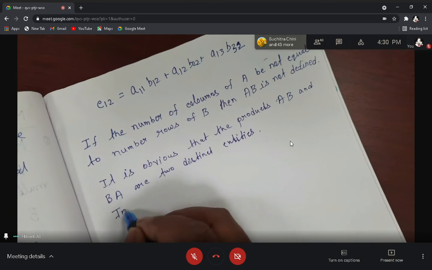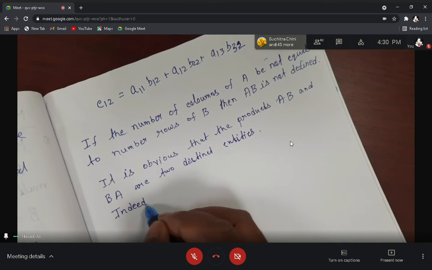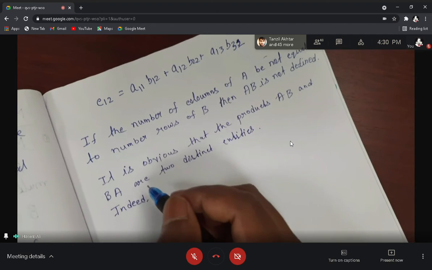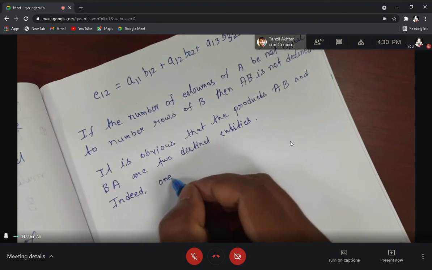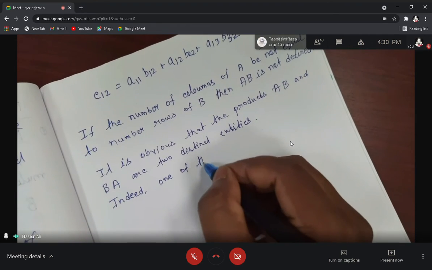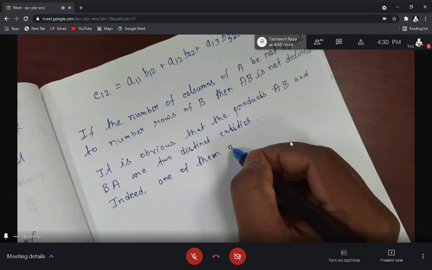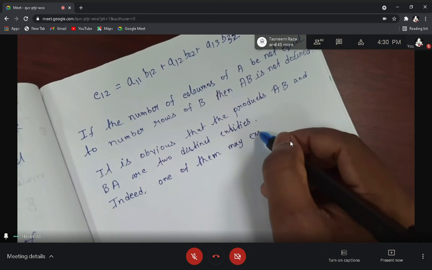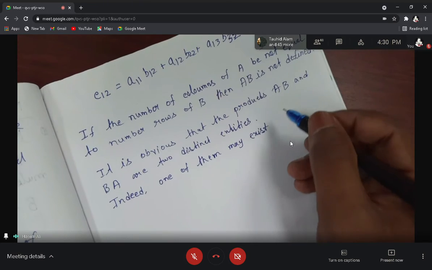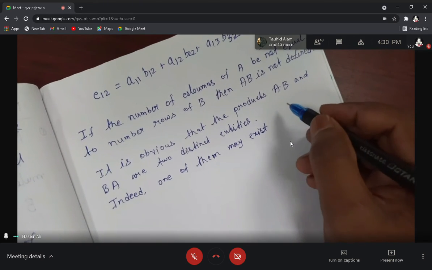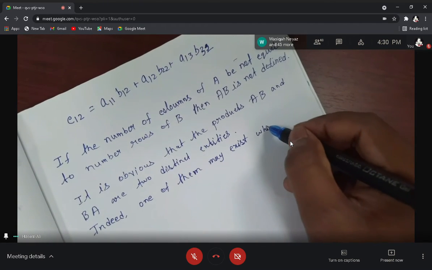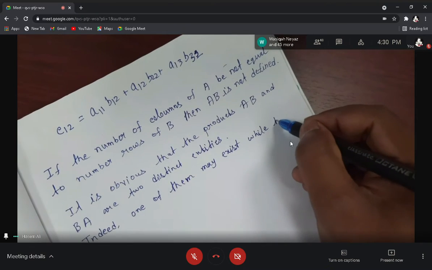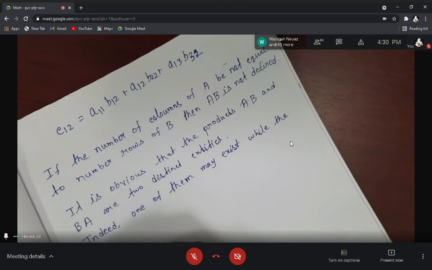Indeed, one of them may exist while the other may not.